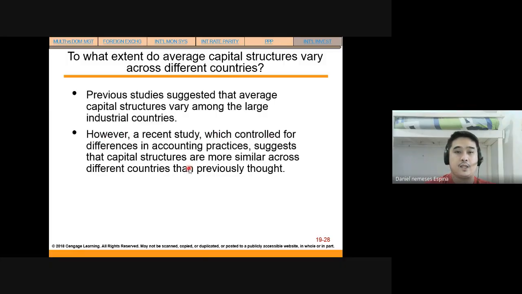However, a recent study which controlled for differences in accounting practices suggests that capital structures are more similar across different countries than previously thought. So if they have the same accounting practices, the same accounting standards, then probably they will have a similar capital structure. That is based on a recent study.